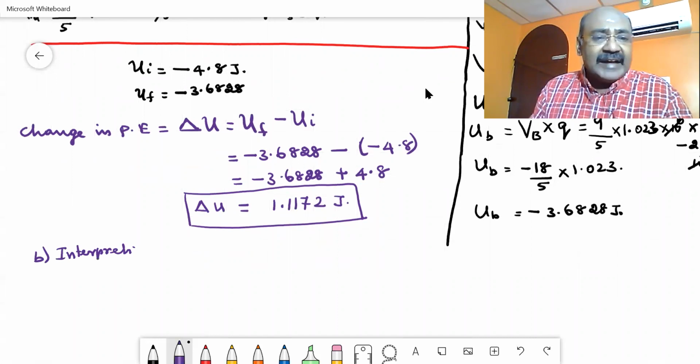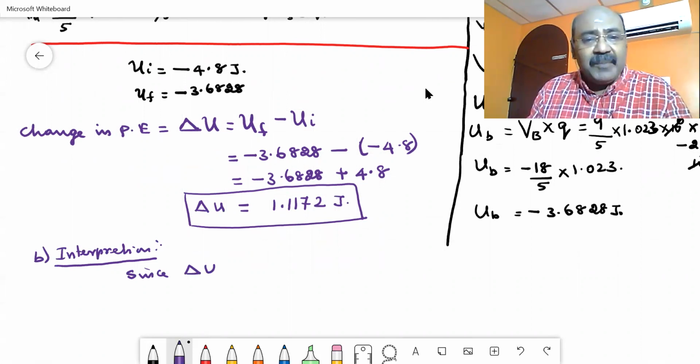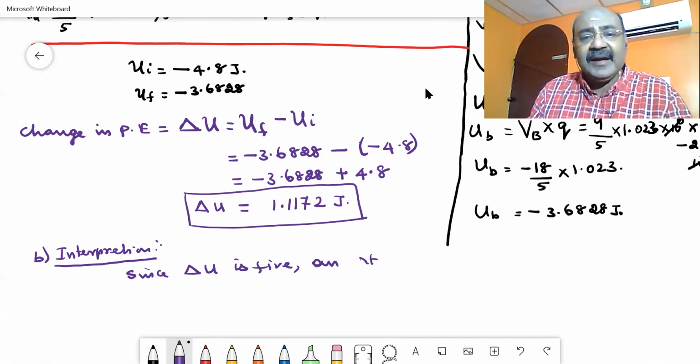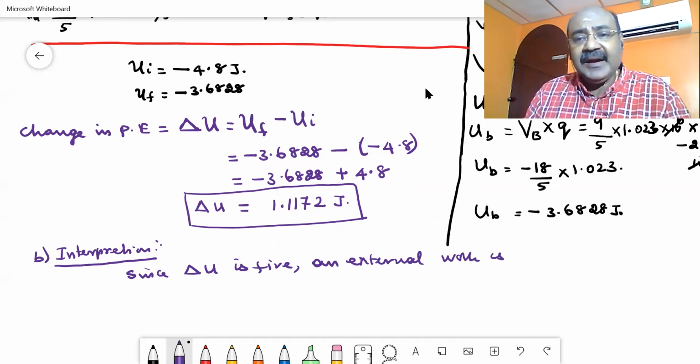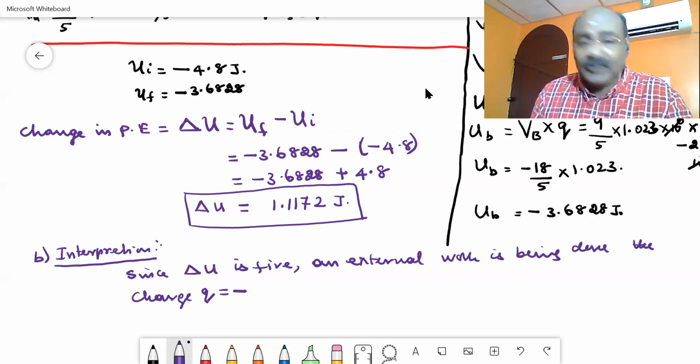See, we can write the answer like this. Since the change in potential energy, delta U, is positive and external work is being done, on what? On the charge small q, which is equal to minus 2 microcoulomb.